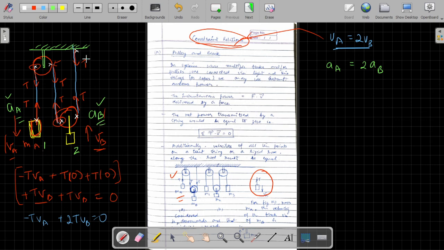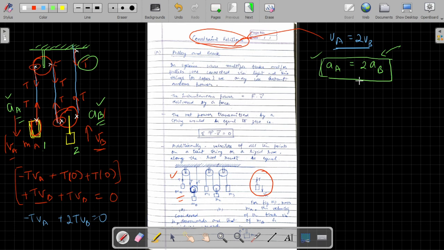But there is one more variable, that is tension, which would come in both the equations. So we have two equations but three variables, so it is unable to be solved on its own. That is where constraint relations come in the middle, that there is one more equation which is necessary to solve our questions. That is the job of constraint relations.